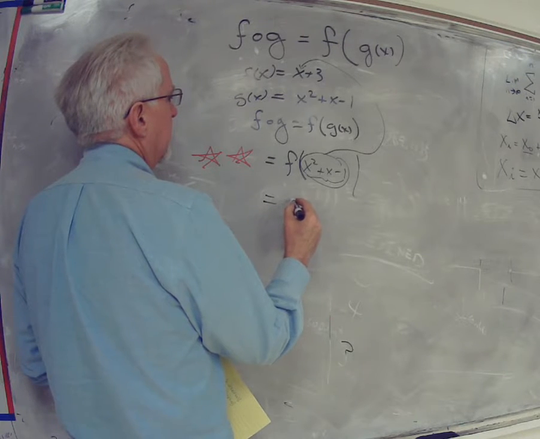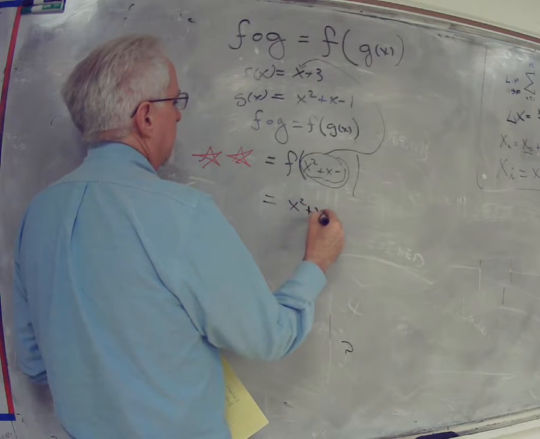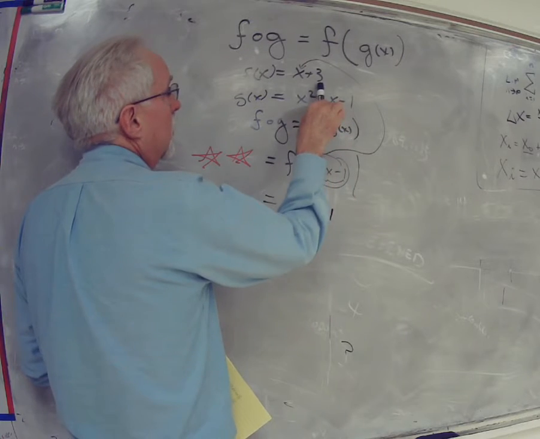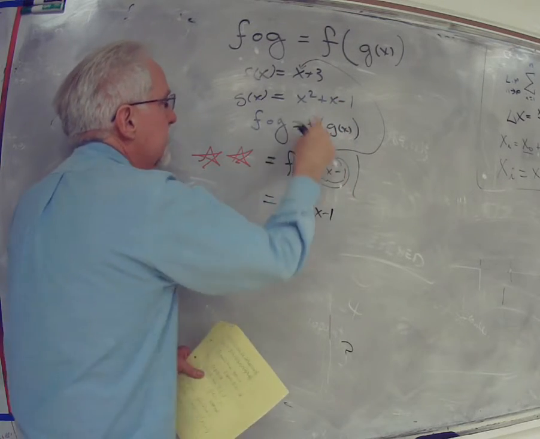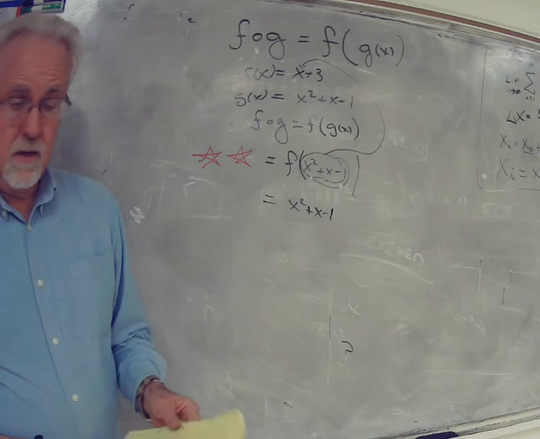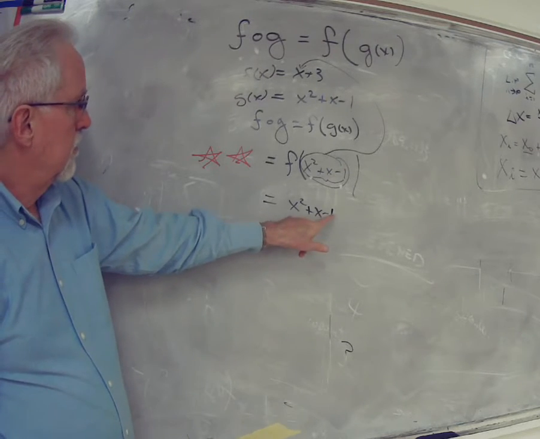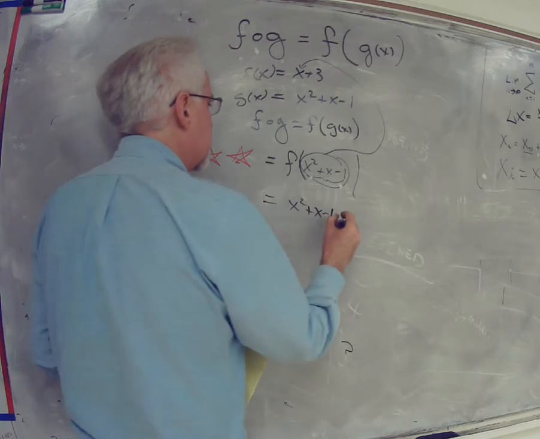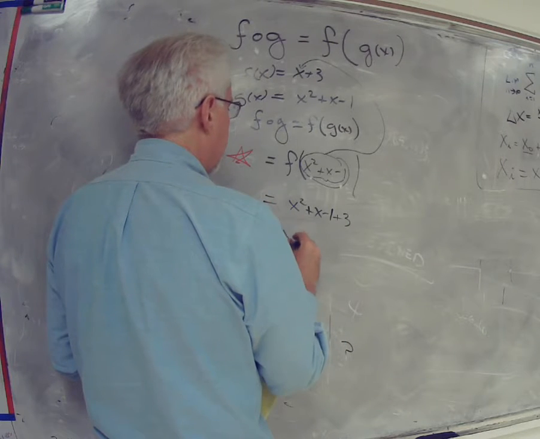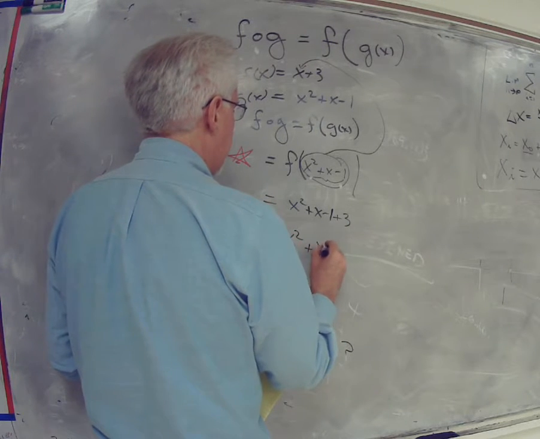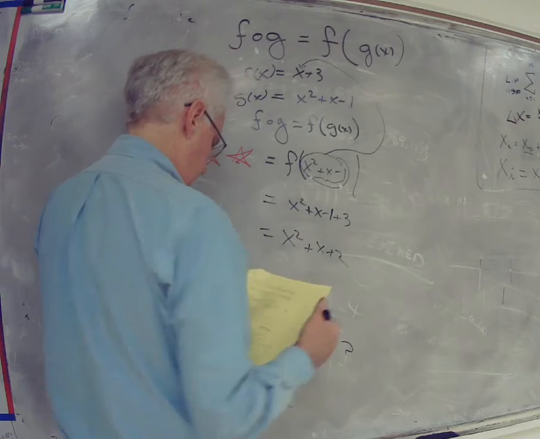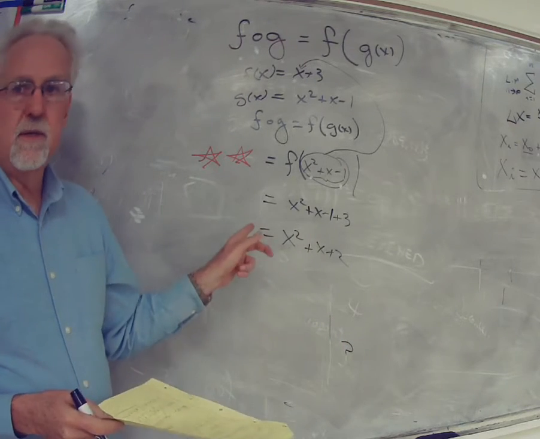No, this plugs in for x. So it equals x squared plus x minus 1 plus 3. Plus 3, yeah. So that's equal to x squared plus x plus 2, I believe. Does that make sense?